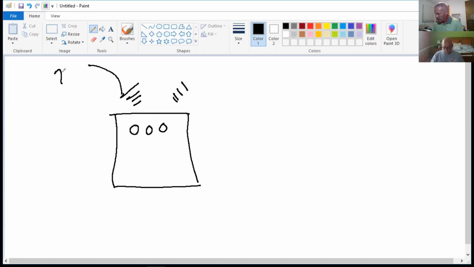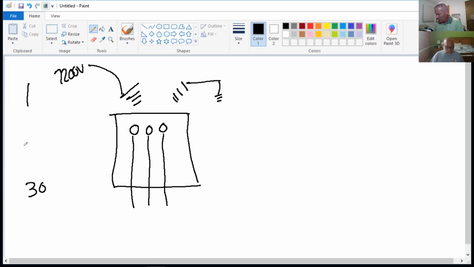We'll go back to our original. We've got 7,200 volts in and 240 volts coming out. I know this is probably getting monotonous with the numbers, but I know it right off the top of my head: 1 to 30. On either side, primary or secondary, if I give an amp value, I'm able to calculate the other side, top or bottom.